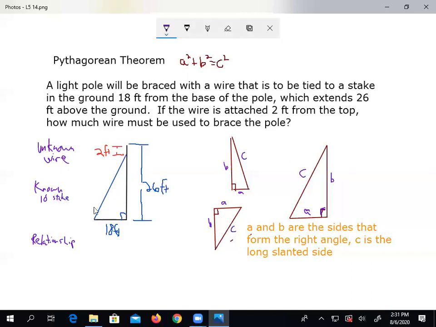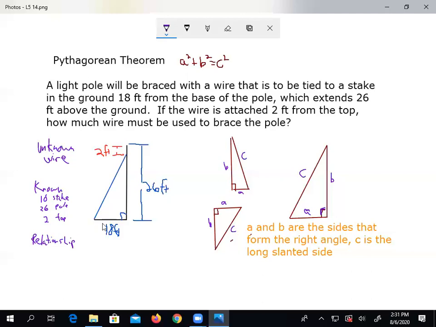And there's also the pole itself, which is 26 feet, but the wire is going to be 2 feet from the top. I'm going to kind of abbreviate a little bit here since I'm writing with this mouse.